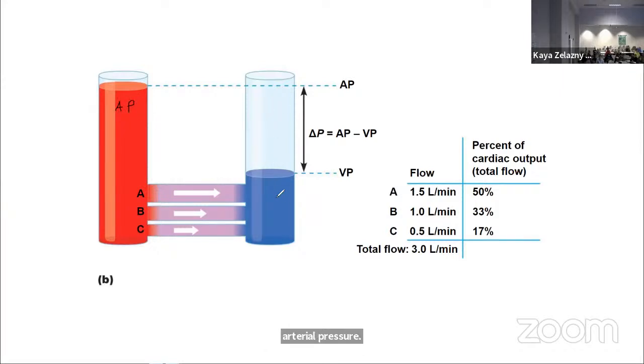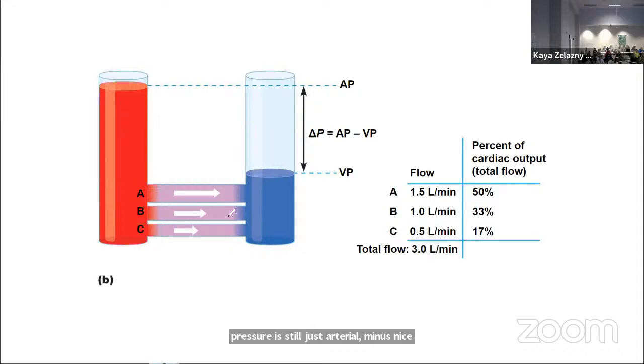Our pressure over here in our little column is our venous pressure, so VP. For all of these, we're still going to have the same difference in pressure across them, despite the fact that some are lower down, some are higher up, because remember, what we care about is the relative difference, not some absolute level. Our difference in pressure is still just arterial minus vein.